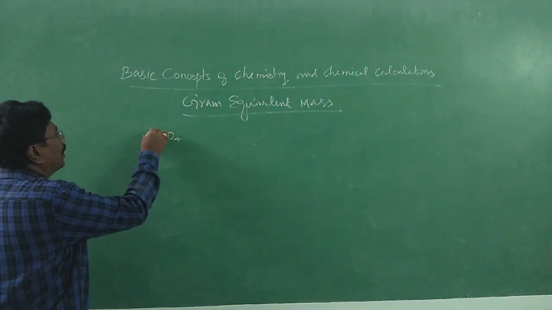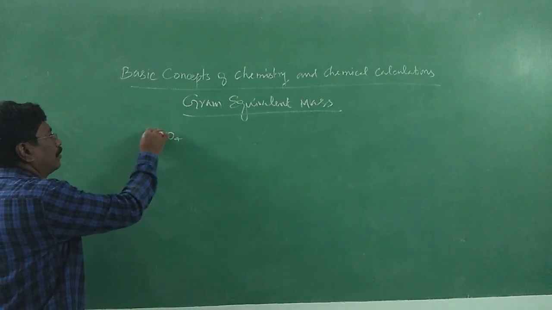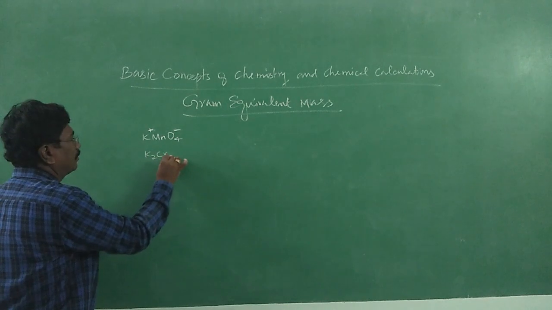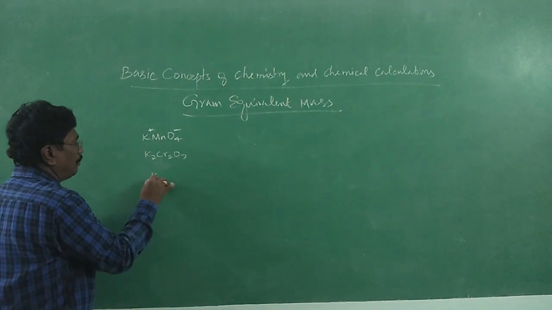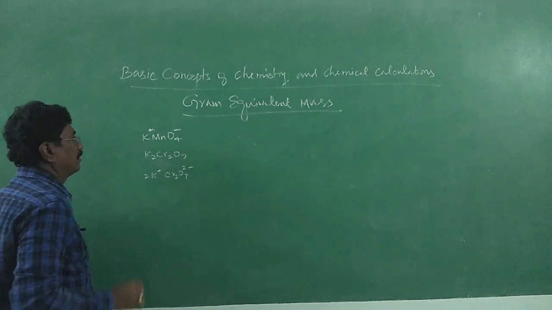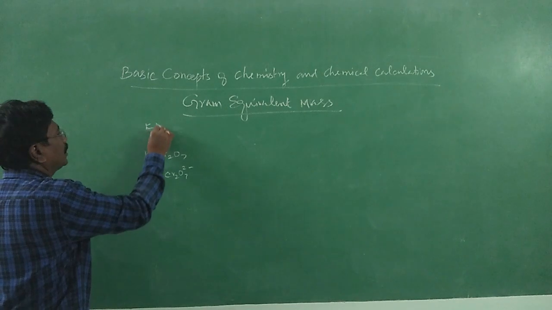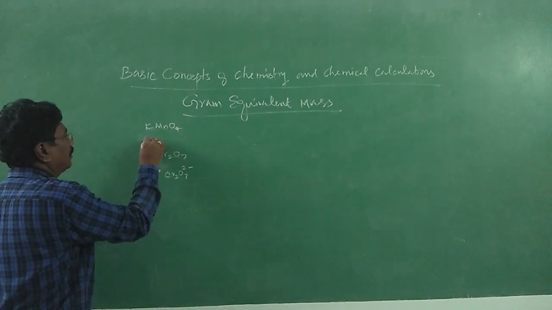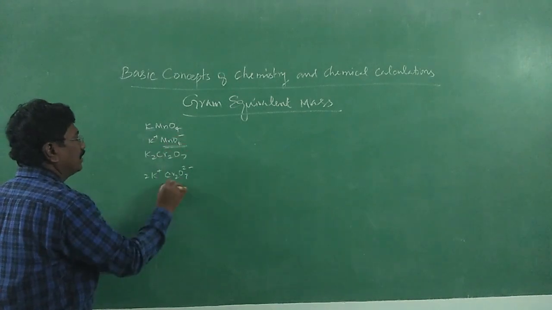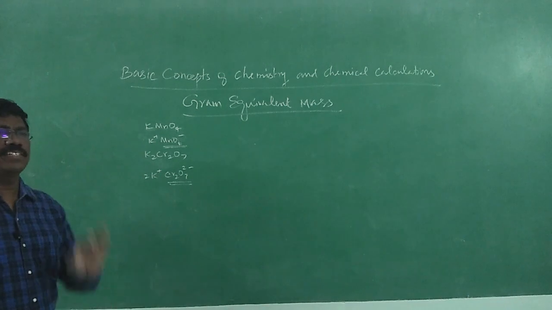It is potassium ion, permanganate ion, KMnO4. If I talk about potassium dichromate, potassium ion, dichromate ion. In potassium permanganate, K plus ion, MnO4 minus ion, the permanganate ion. It is the permanganate ion, it is the dichromate ion. Both are the best oxidizing agents in the presence of acid.